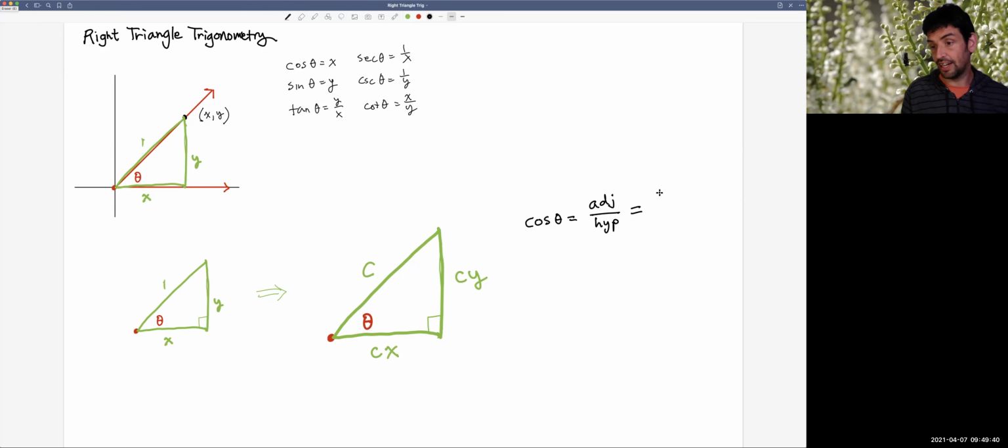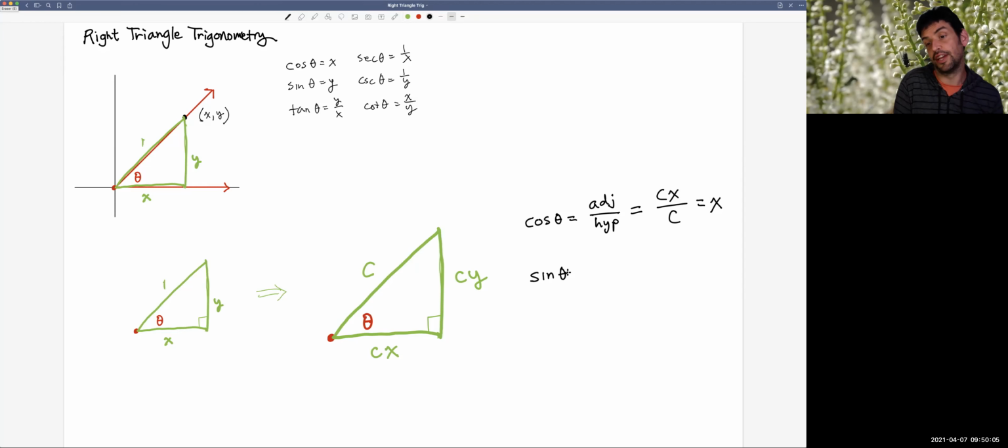So the adjacent side has side cx. The hypotenuse has side c. Those c's cancel, and we get that the cosine of theta is x. Okay, and so this is the definition of cosine that most of us probably learned the first time we saw trigonometry, and it agrees with what we have here.